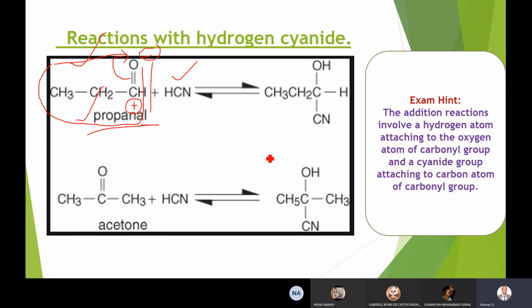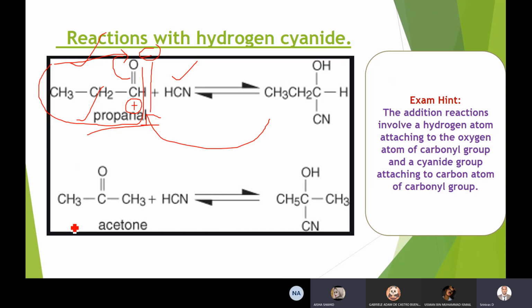Now this carbocation will be attacked by a nucleophile. What do you mean by nucleophile, Aisha? What is a nucleophile? Nucleus loving, which likes the nucleus. So what is the charge of the nucleus? Positive or negative? Positive.